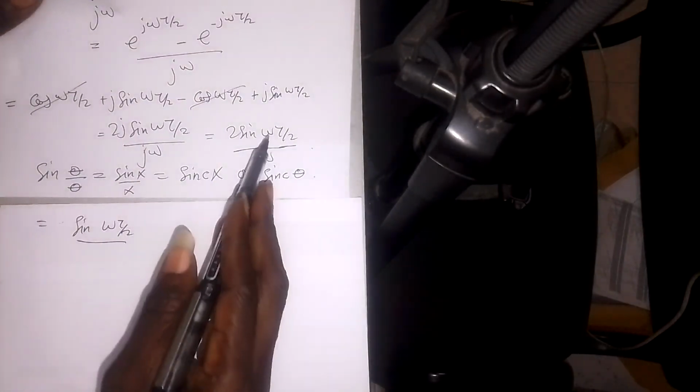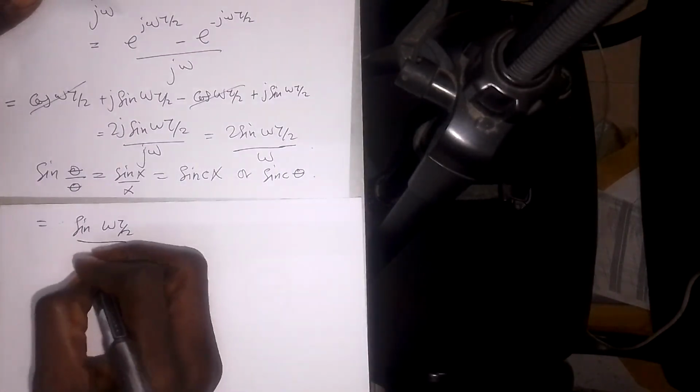So putting it in terms of sinc, what I'm going to have is sine omega tau on 2 over omega. So this tau has to come here.